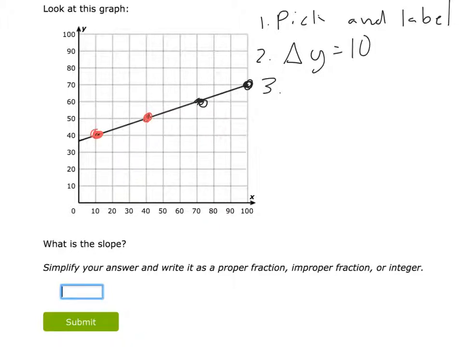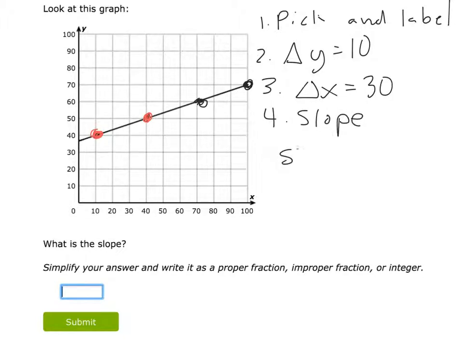Number 3, delta x, is how many we're going to go to the right. So after going up 10, we need to go to the right 10, 20, and a total of 30. So delta x is going to be 30 here. Number 4 is going to be the actual slope.